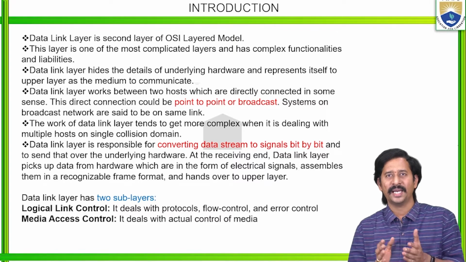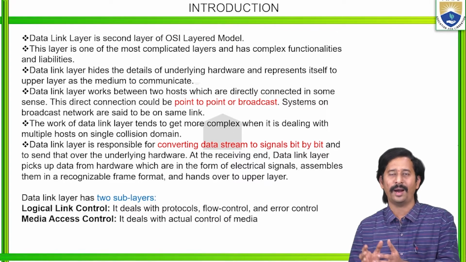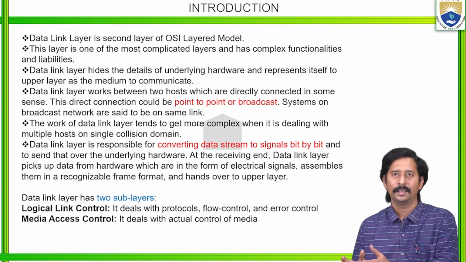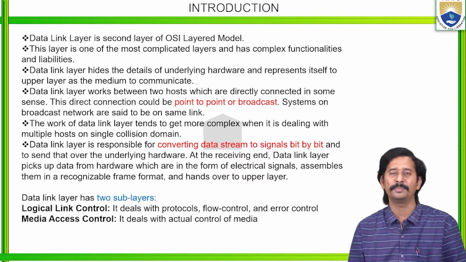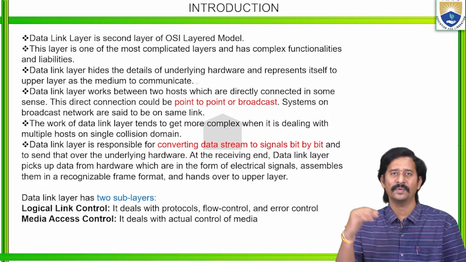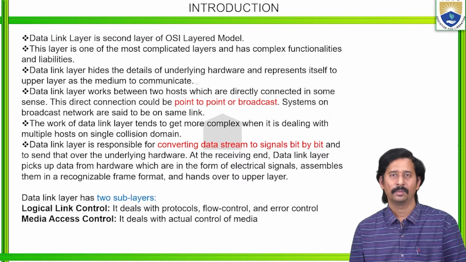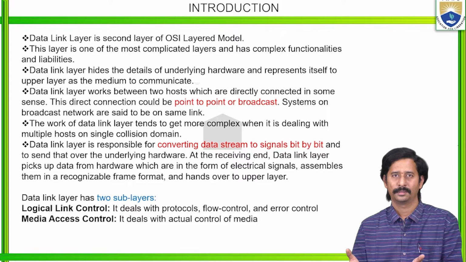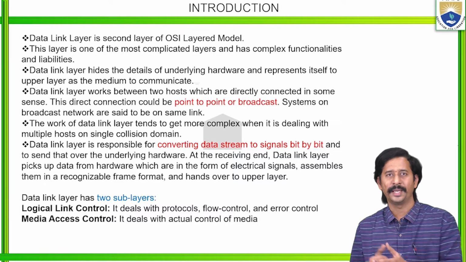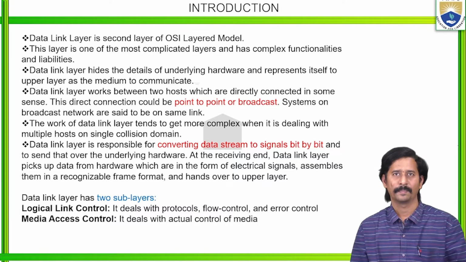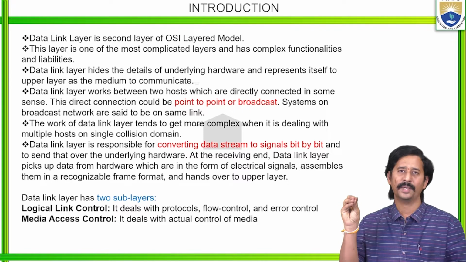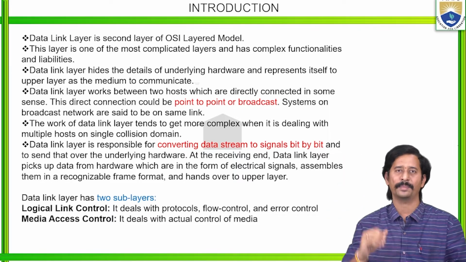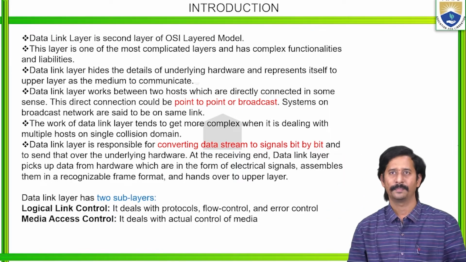The data link layer hides the details of the underlying hardware and represents itself to the upper layer as a medium to communicate, because the network layer doesn't know what hardware is used at the physical layer. The data link layer just accepts information from the physical layer and transports it to the network layer.